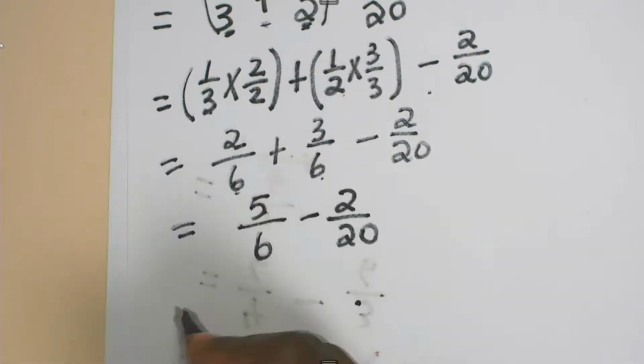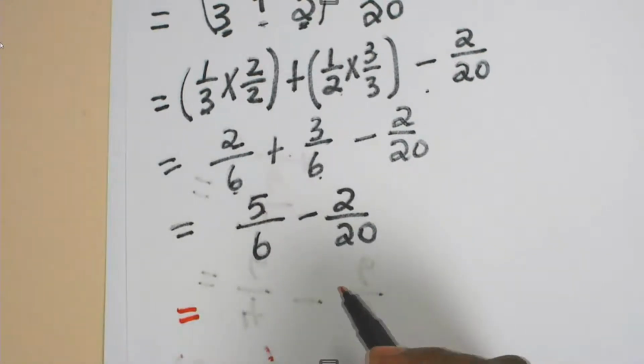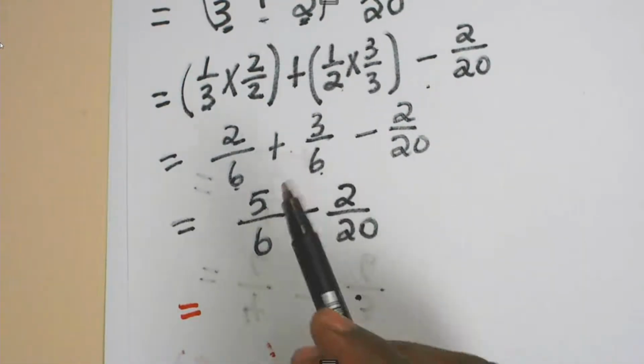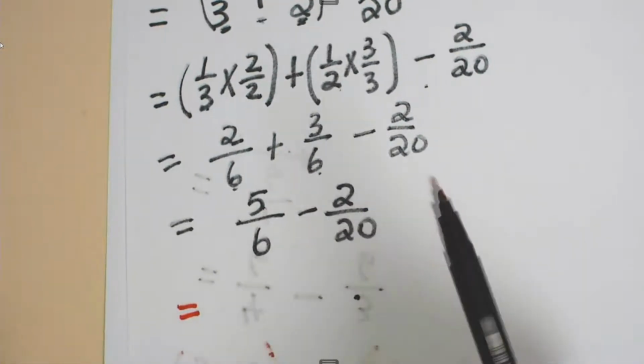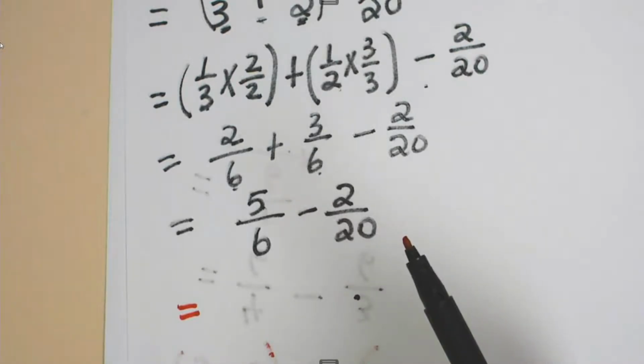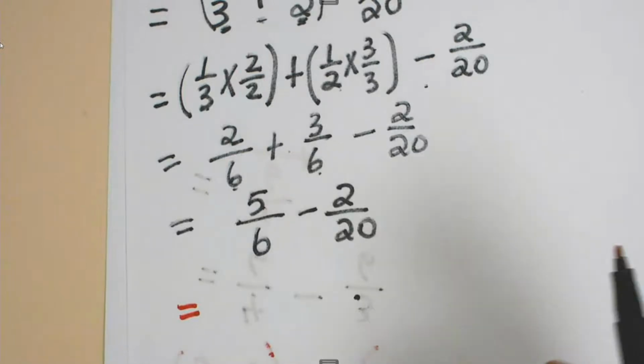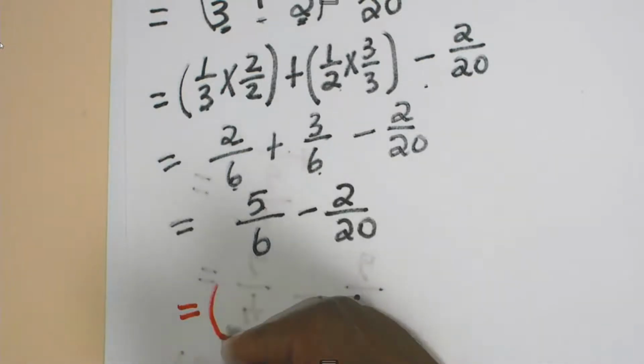Now, when we subtract, remember again guys, can we say 5 minus 2? The answer is no. Why? Denominators are not the same. So we start opening the bracket with our golden rule.